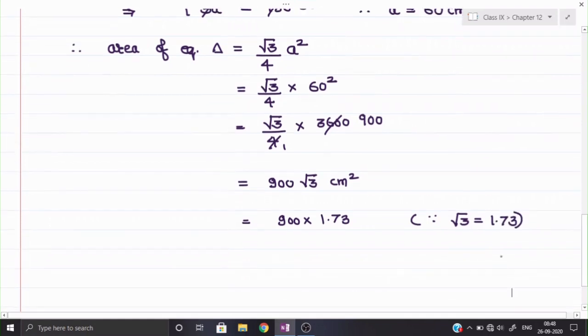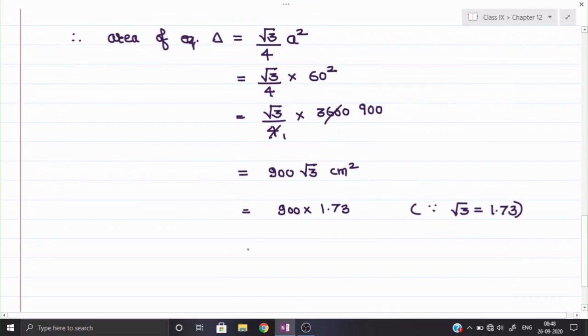Okay, now multiply both of them. 1.73, if you remove decimal, then it will cancel the zeros. 9 3s are 27, or you can take 1.732 to create more depth. Okay, so in that case the decimal will be obtained. So 9 2s are 18, 8 carry 1, 9 3 are 27 plus 1 28 carry 2, 9 7s are 63 plus 2 65 carry 6, and 9 1s are 9 plus 6 15. So according to me 1558.8 centimeter square will come in the decimal.